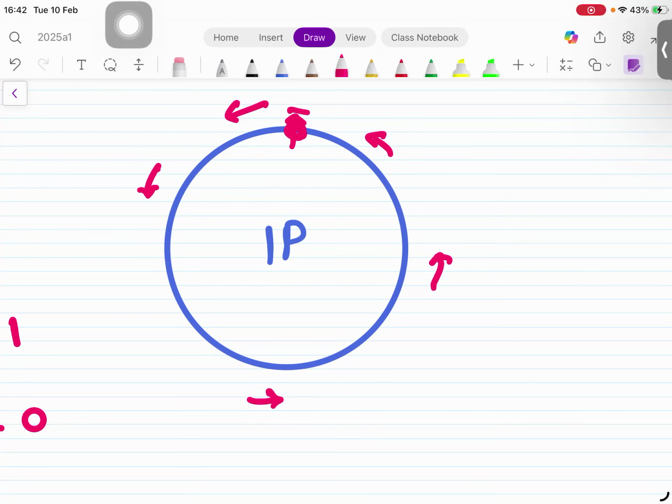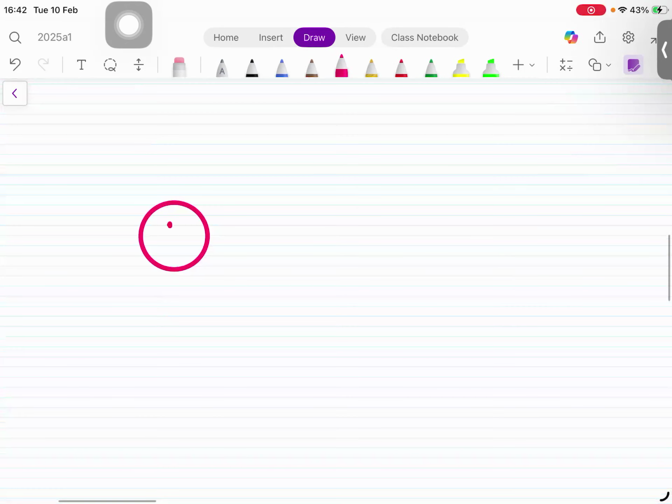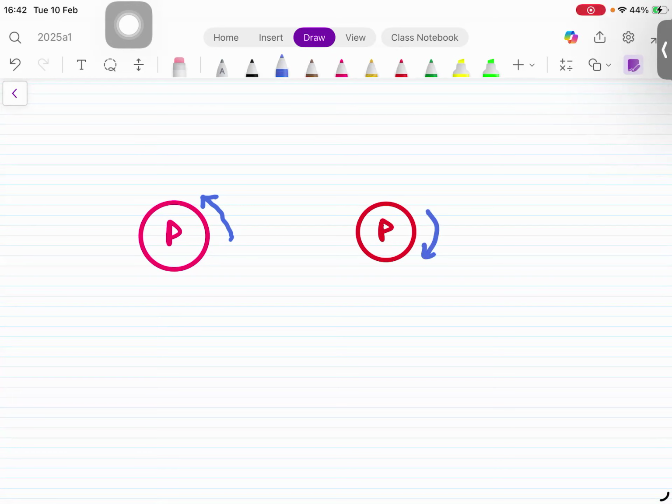What we figured out is that the proton in the center is also spinning. Obviously, it can't revolve, but it is also spinning. There are two types of spin: either anti-clockwise, or the same proton can spin clockwise. So in 1981, we found that the nucleus of an atom contains a proton and it is also spinning.